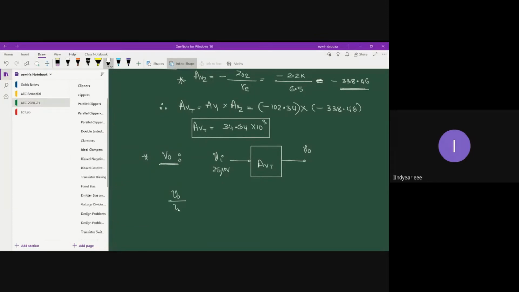Output by input is basically the overall voltage gain, AVT. That implies your output voltage is gain times the input voltage, or 34.64 times 10 to the power 3 times 25 microvolts. So your output voltage is basically 0.8659 volts.